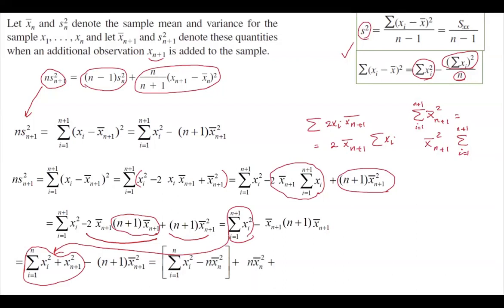We just add and subtract this common element, and then we're going to use this later, and you're going to see why it is important. Plus xn+1 to the second power minus, and the rest of it, n+1 times xn+1 bar to the second power.